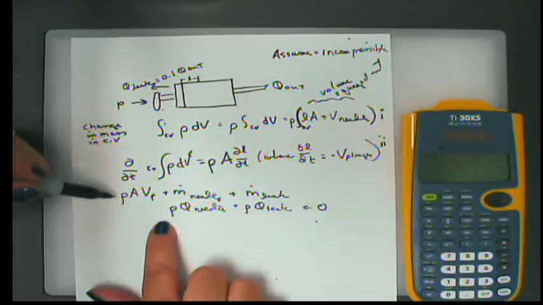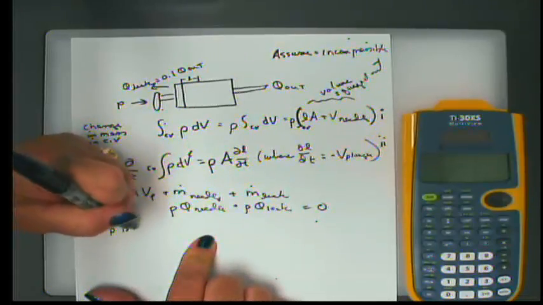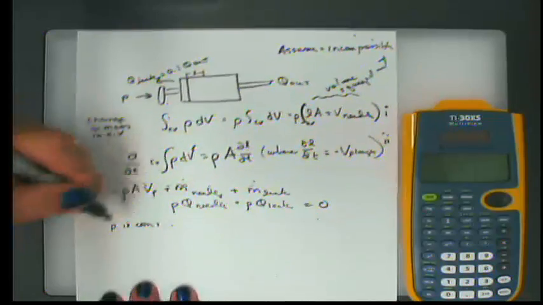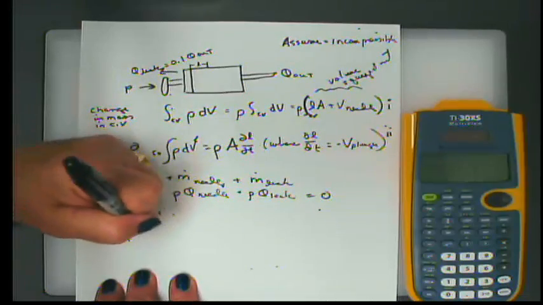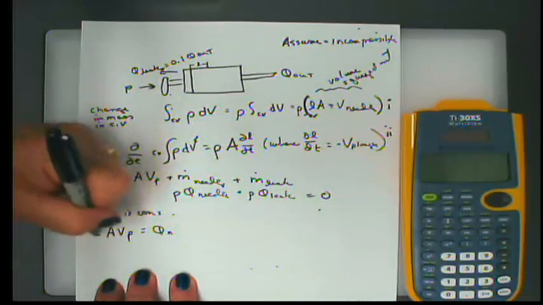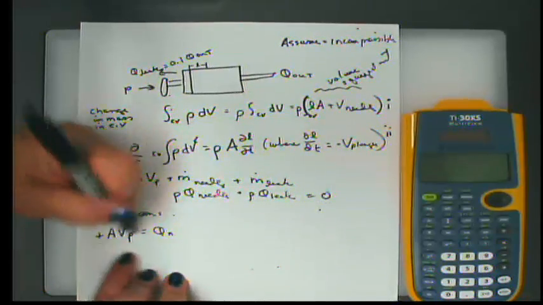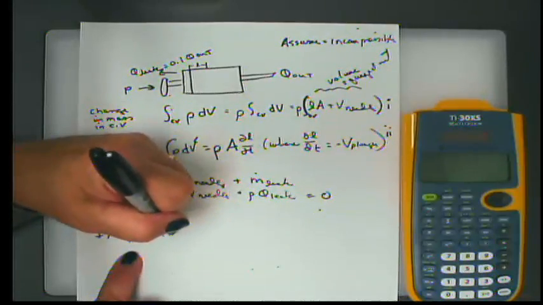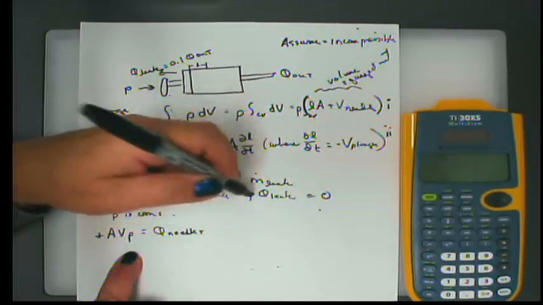All right, well, we've decided that it's incompressible, so since rho is constant, it actually factors out of all of those terms. We can say minus A V p equals Q needle. I'm sorry, if I do that, I'm going to bring this over to the other side as a positive. So I get A V p is equal to Q needle plus Q leak.